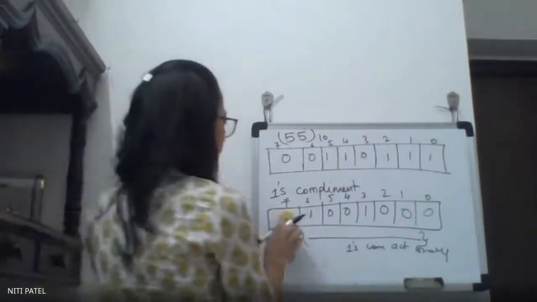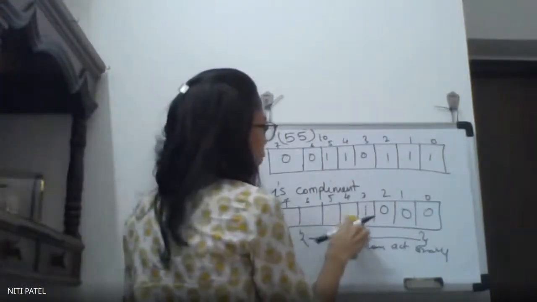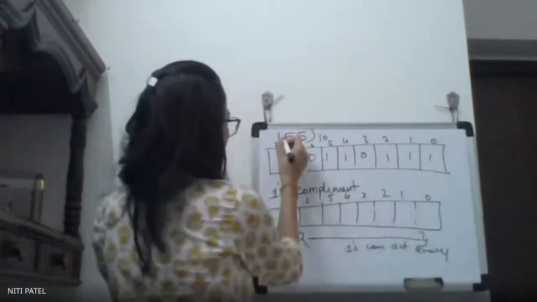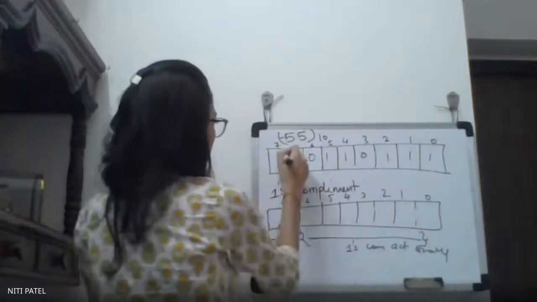Now give me the same thing for minus 55. 1's complement of minus 55. So your minus 55 is this.